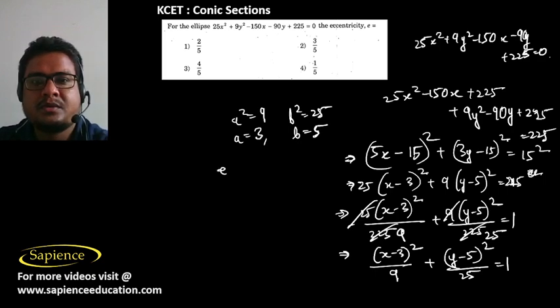So now the eccentricity of the ellipse is given as square root of 1 minus b square by a square.